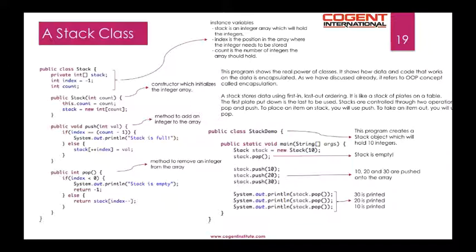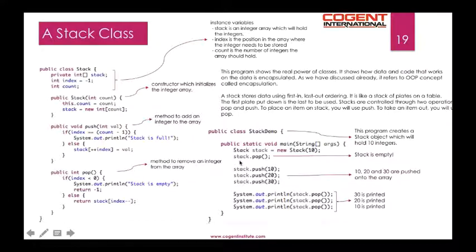Push method, which adds an integer to the array. Pop method, which is used to remove an integer from the array. So here's another class with a main method which creates an object of Stack using the parameterized constructor, passing the count.